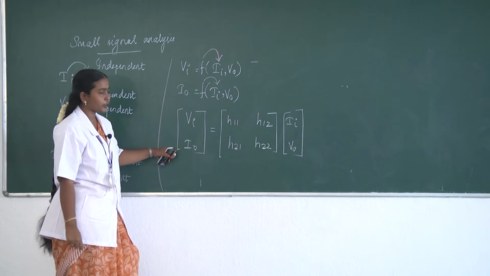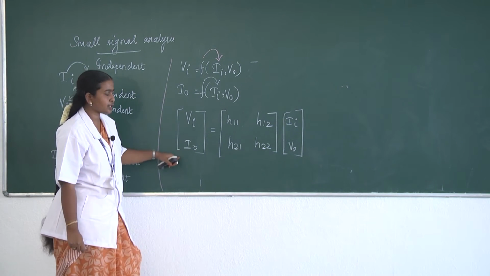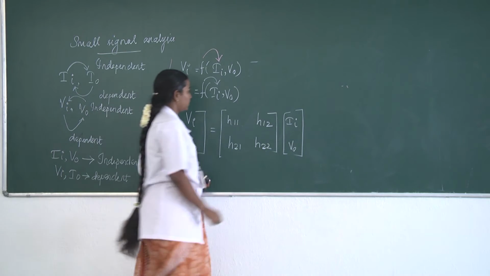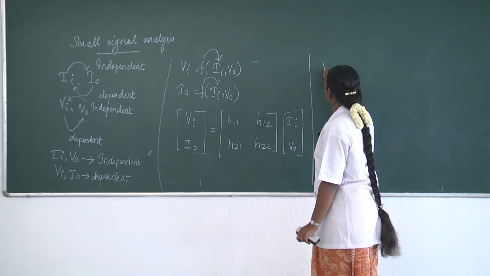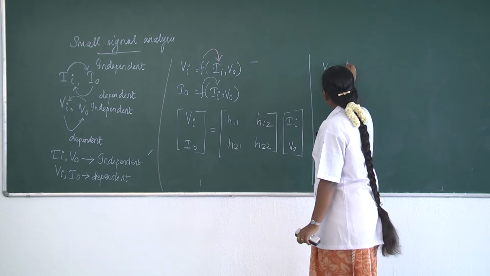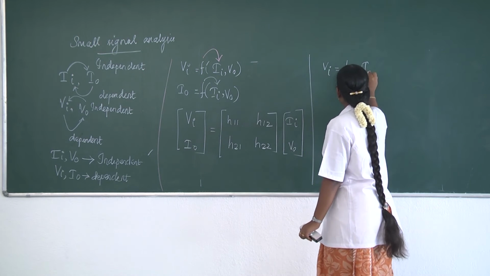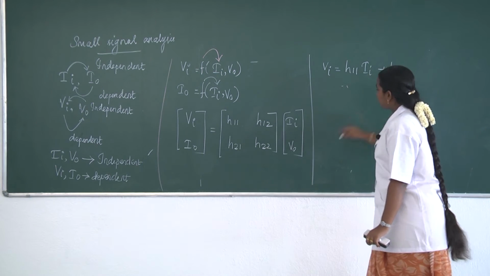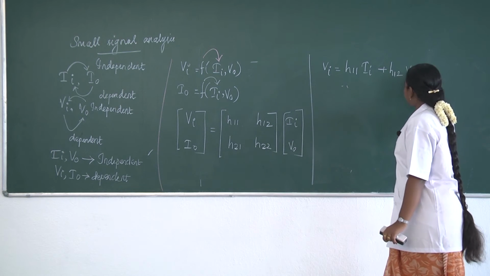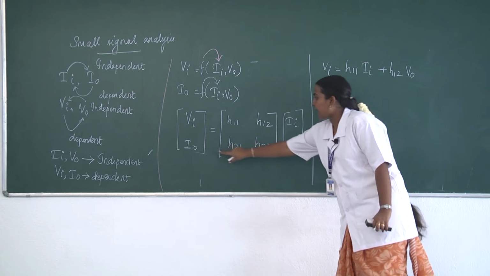So now what we are going to do is, we are going to write the equation from this matrix. So see here, it is a normal multiplication. So we can write it as VI, which is equal to H11 into II plus H12 into V0 here, and the next one is nothing but I naught equation.